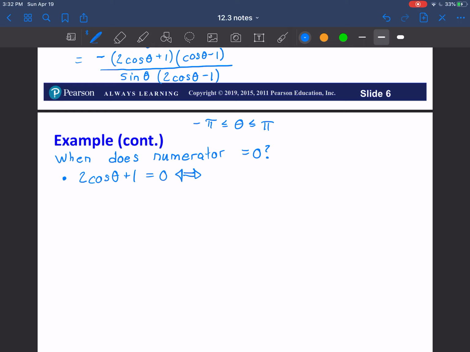If we solve that for cosine theta, we get that this occurs when cosine theta is equal to negative 1/2.